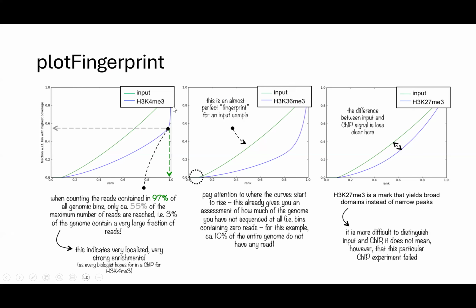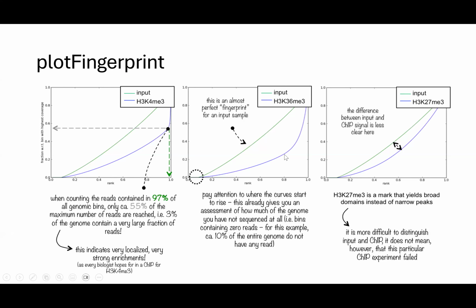So things are relatively concentrated in specific regions. You still have a lot of reads that aren't as concentrated, but it's fairly concentrated. You can measure the difference between your input and your target to show how successful the immunoprecipitation was and how much localization you got.